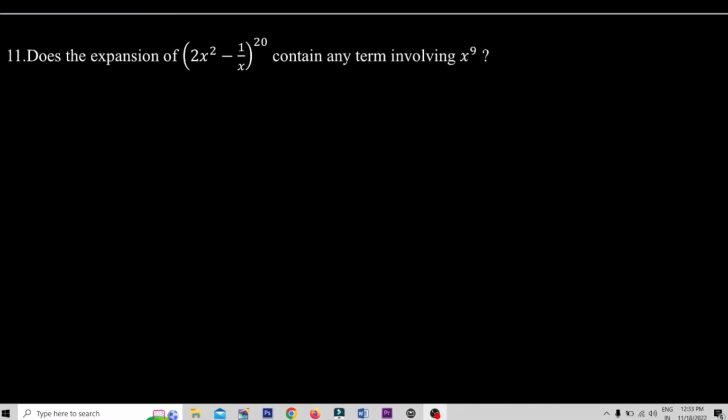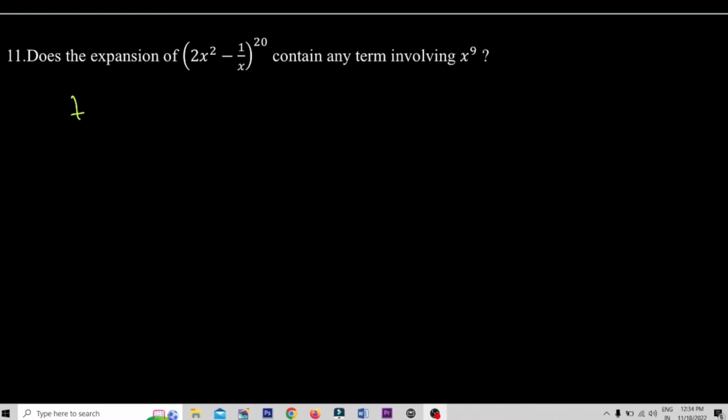Let us go to sum number 11. In this case, for sum number 11, it is given: does the expansion of (2x square minus 1 by x) whole to the power 20 contain any term in x to the power 9? Let T(r plus 1) contain x to the power 9.